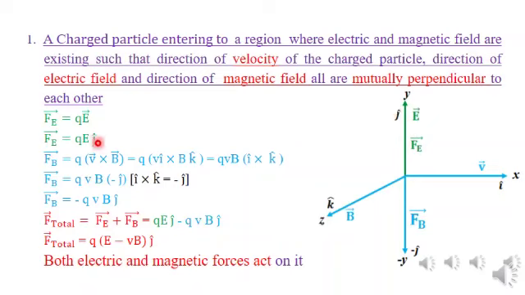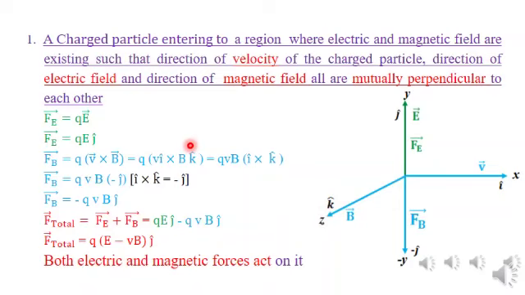The expression of magnetic force, that is the Lorentz magnetic force, is vector F_B equals Q into vector V cross vector B. Since the velocity of the charged particle is along the x-axis, vector V is replaced by V i cap. And since the magnetic field is directed along the z-axis, vector B can be replaced by B into k cap.